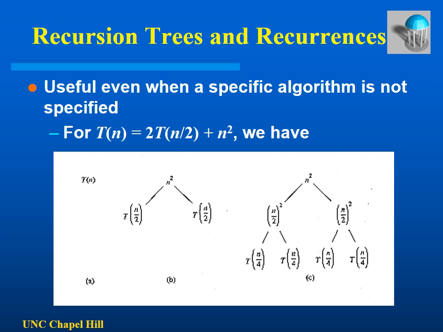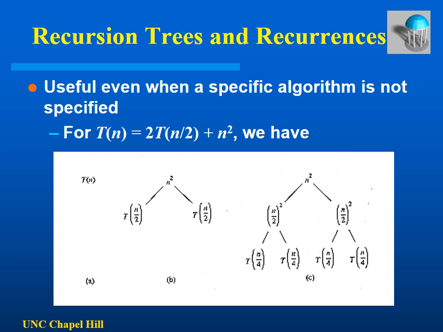So we have n squared as the time to apply our recurrence relation at the first step for the combine part, if you will. So it's n squared for the combine. And then we have 2T of n over 2, so we'll write them down here, T of n over 2 and T of n over 2, one level below.